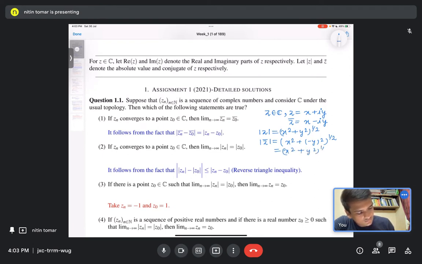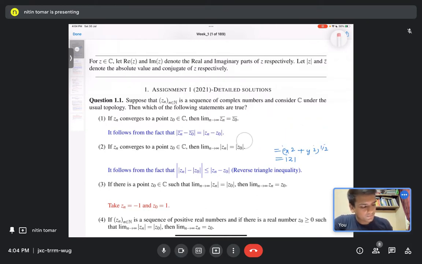So this is the same as mod Z. Which means what we have seen is that for every complex number, the modulus of the complex number is the same as the modulus of its conjugate. And here we have used this property.